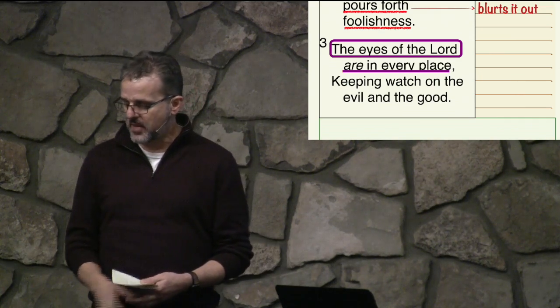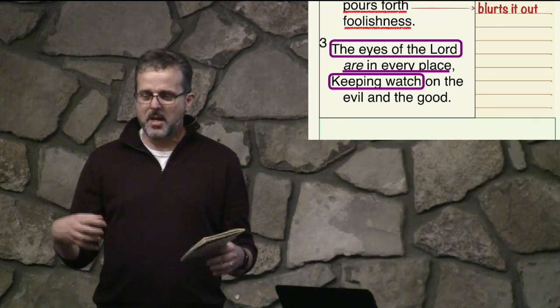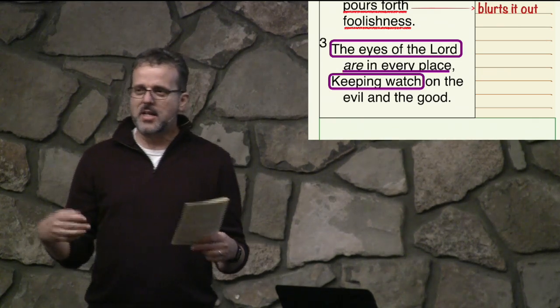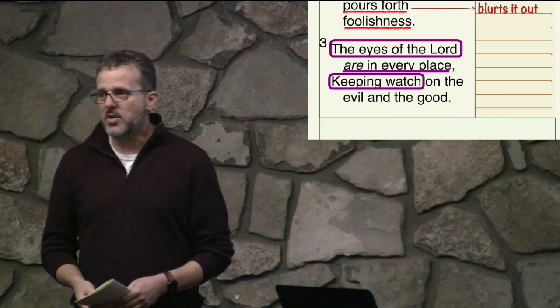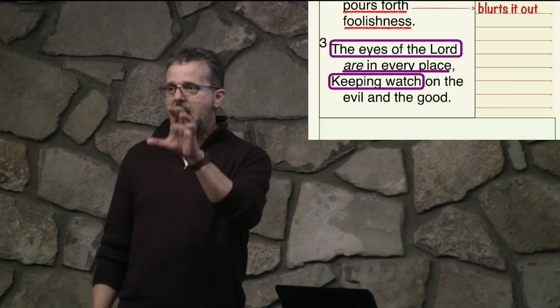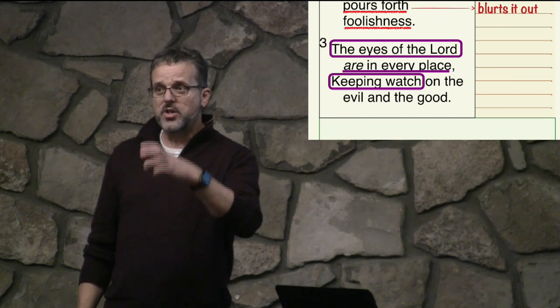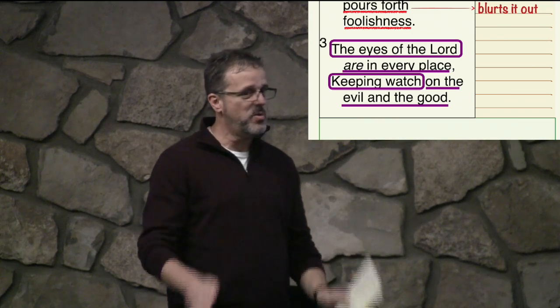And those keep watch. It's maybe saying the same thing, but the idea of keeping watch is not just seeing, but evaluating. Not just aware, but able to look and judge and see what's happening. He sees the evil and the good and knows that.